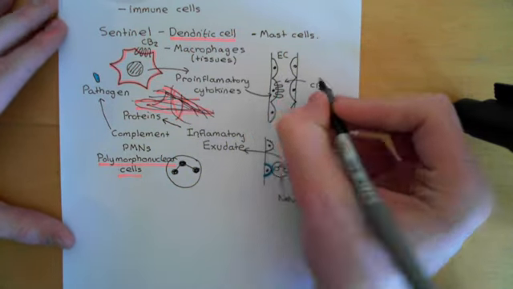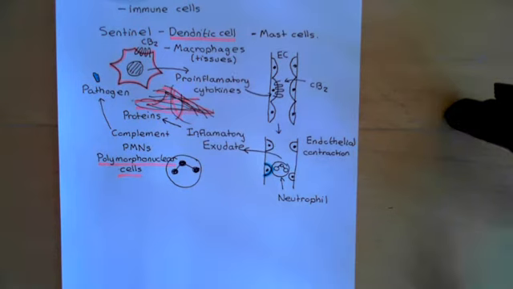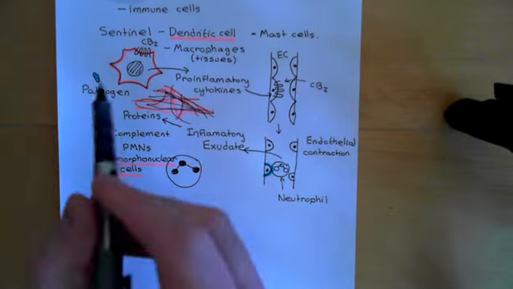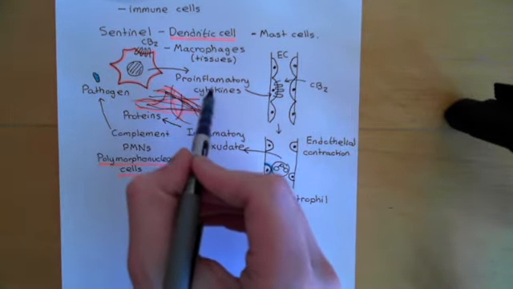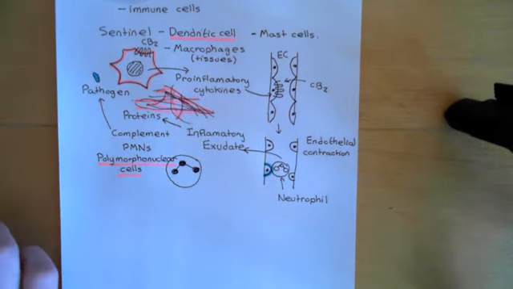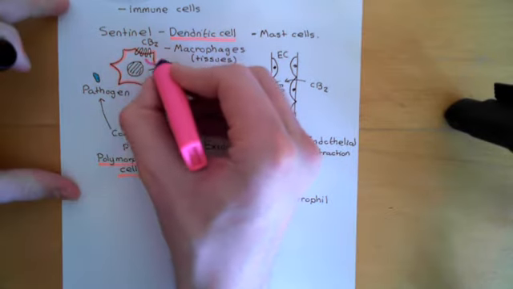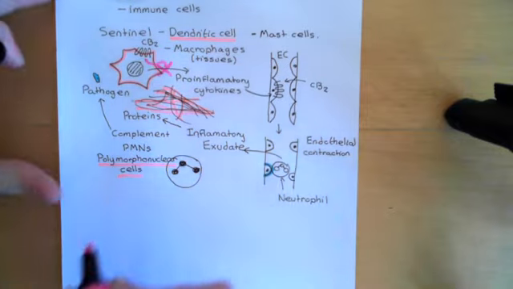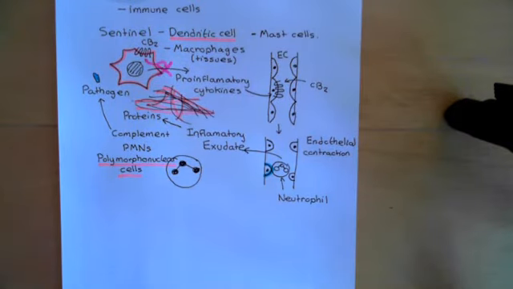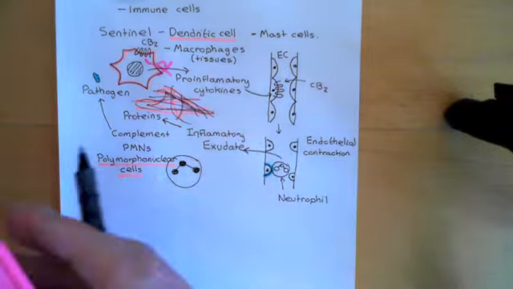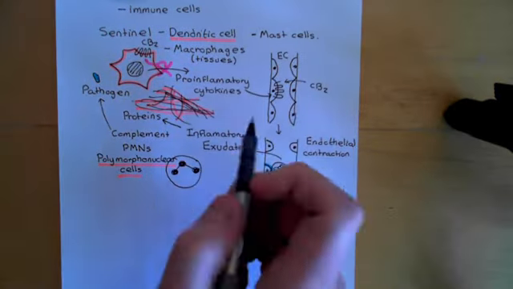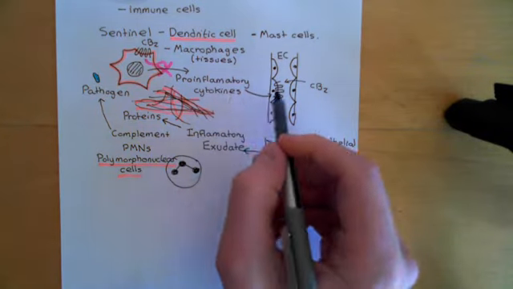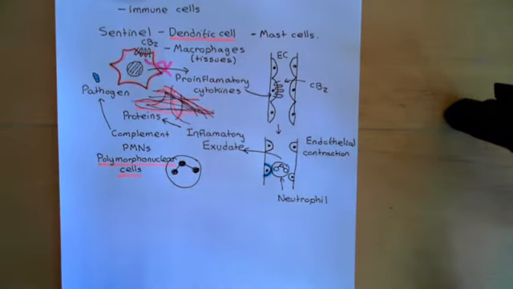Basically, if you activate these CB2 receptors, the effect is anti-inflammatory. What do I mean by that? I mean that you stop these sentinel cells releasing the pro-inflammatory cytokines. Activation of the CB2 receptor is going to inhibit the release of pro-inflammatory cytokines by these sentinel cells. In addition, activation of the CB2 receptors on the endothelial cells is going to mean that even if the pro-inflammatory cytokines have been produced, the endothelial cells are not going to respond to them.